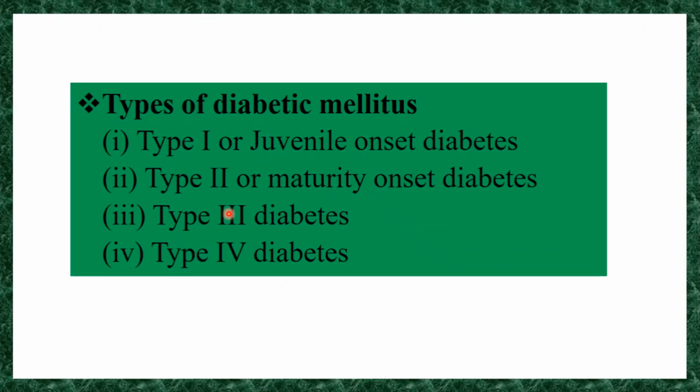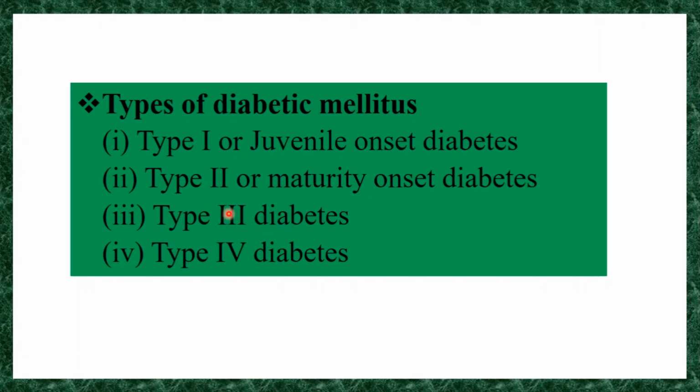Due to pancreatic diseases, insulin can't be synthesized by the body. And hormonal imbalance is another factor responsible for the secretion or synthesis of your insulin. So these are the factors by which type 3 diabetes is caused.